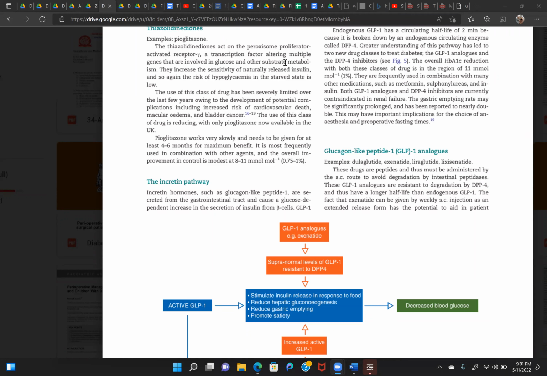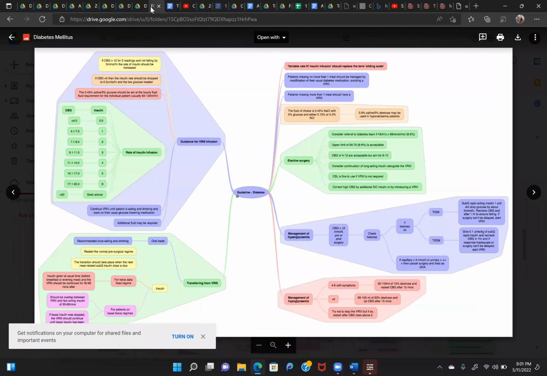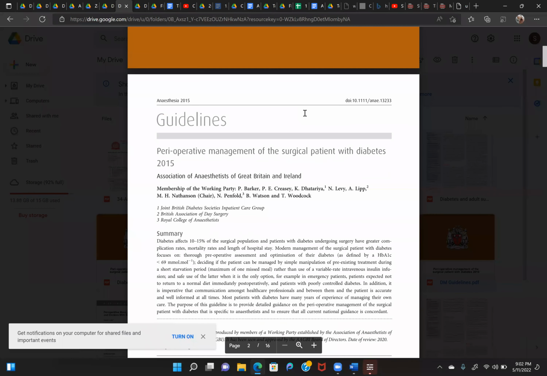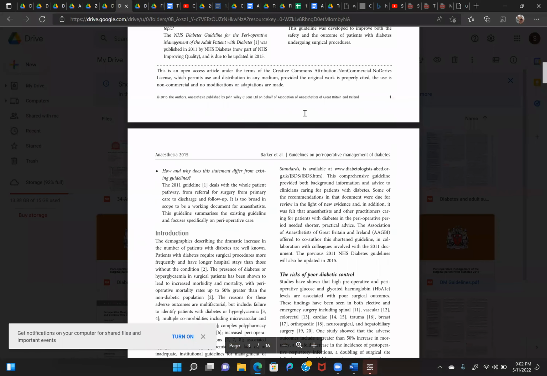You check the electrolytes. Subcutaneous is not predictable, so it is better not to use it. It is better to use IV, in infusion or boluses. This is the basic principle.